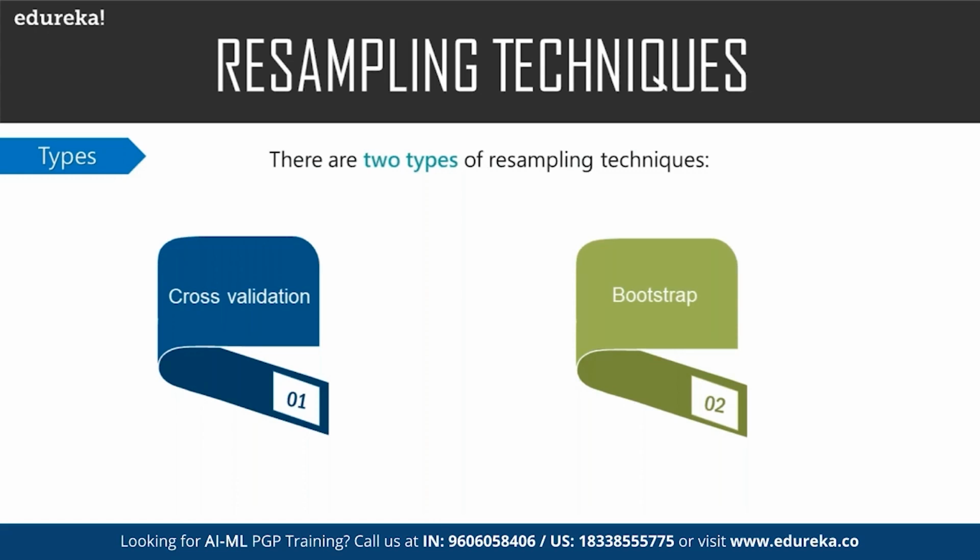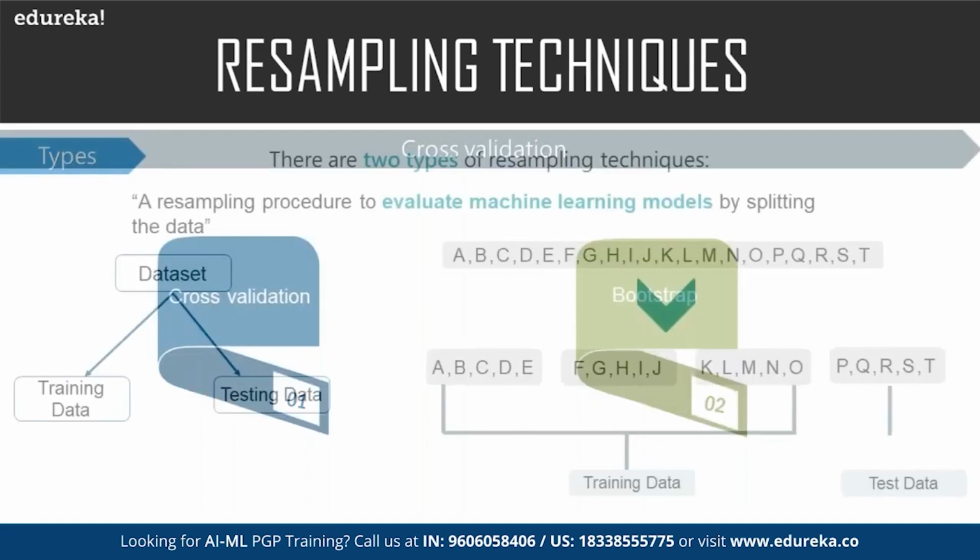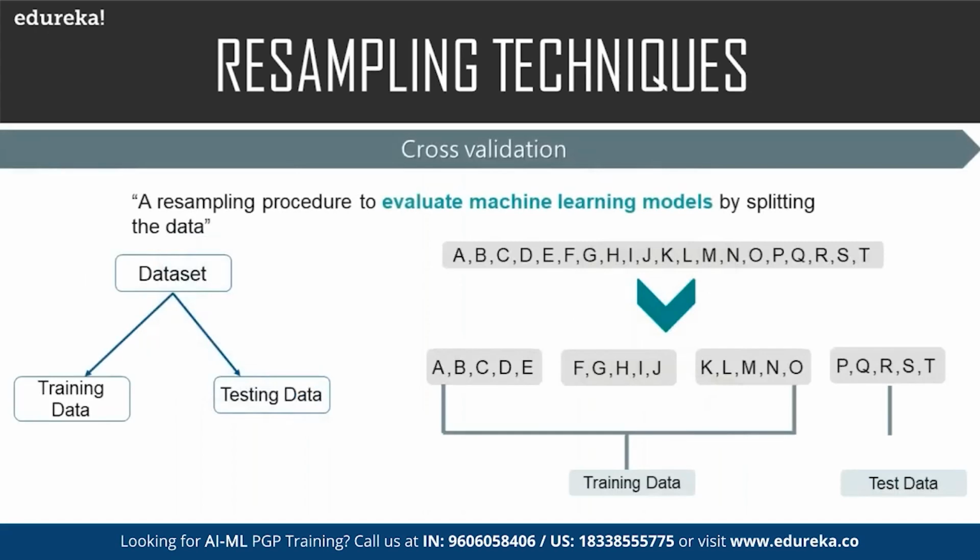Bootstrap is different, and we also sometimes use it for bagging in machine learning. Coming to cross validation, it is a resampling procedure, primarily used to evaluate the machine learning model.